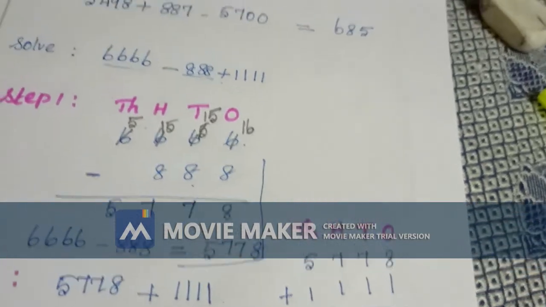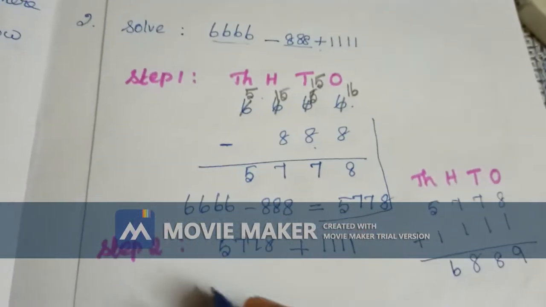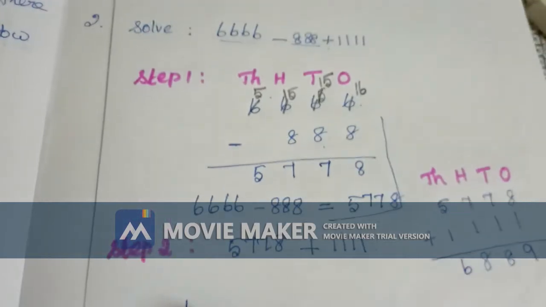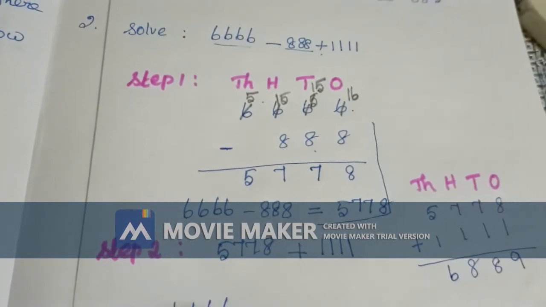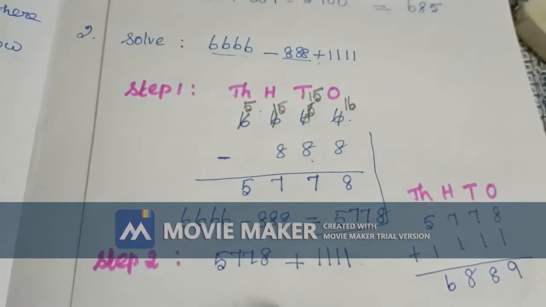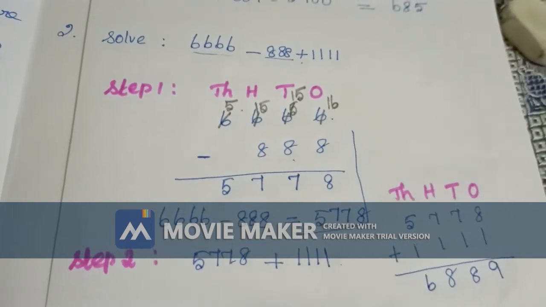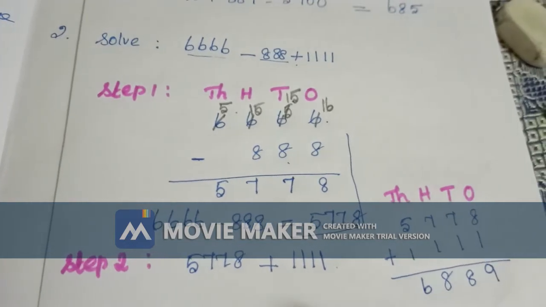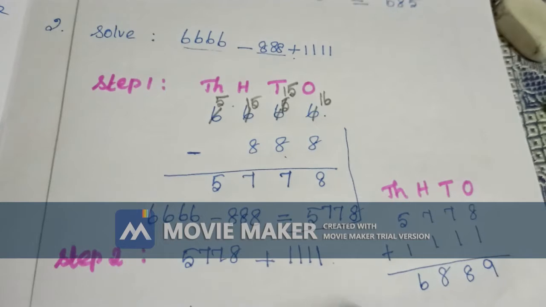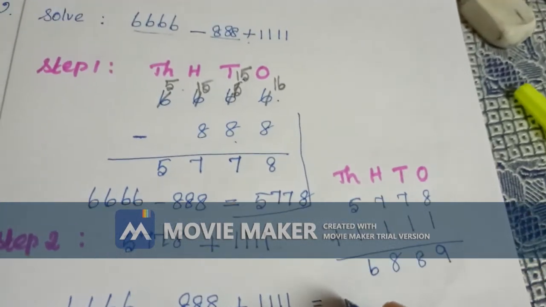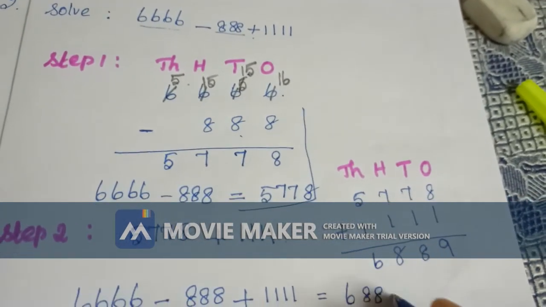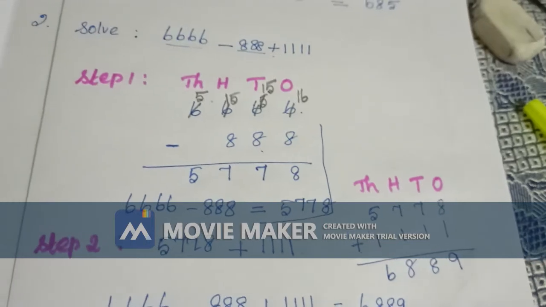Okay. So now you can write the answer like this: 6666 minus 888 plus 1111 gives us 6889. Okay, children.